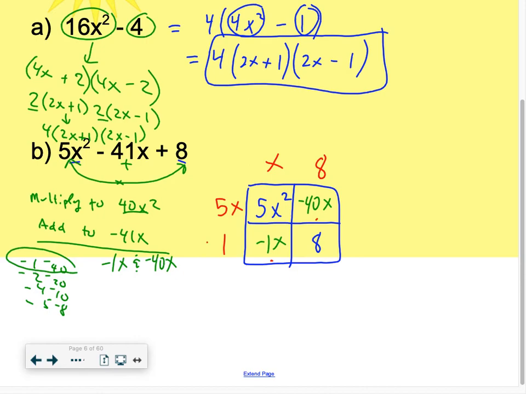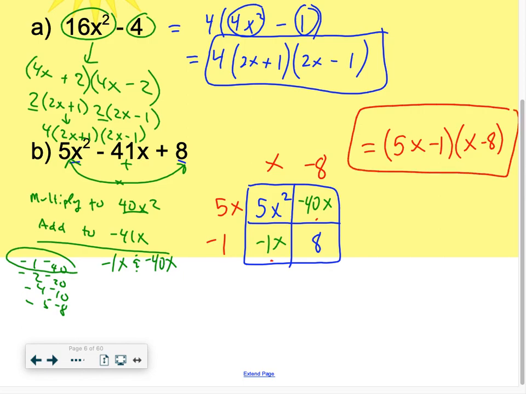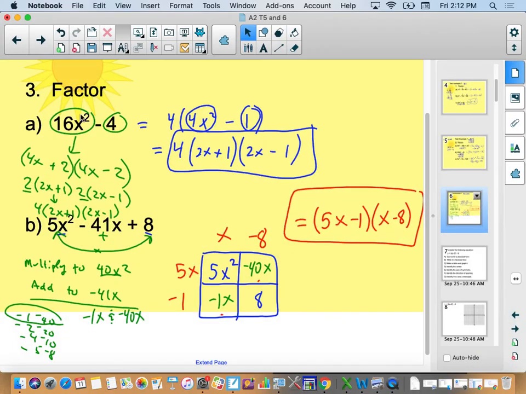So what we have to do is make these both negative so that we get the negative 40x and the negative 1x, but still maintain the positive 8. Because a negative times a negative is a positive. So that tells us our answer in factored form is 5x minus 1 times x minus 8.